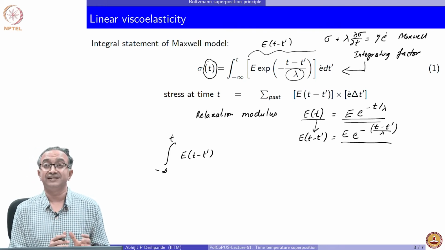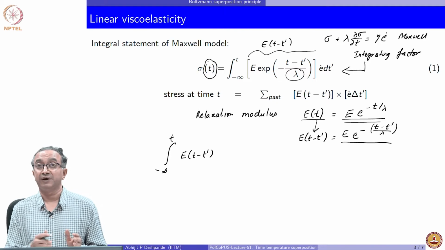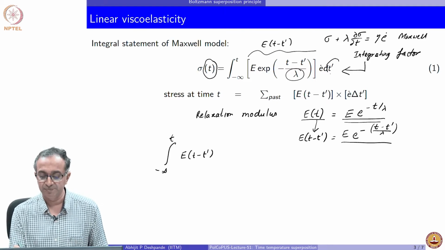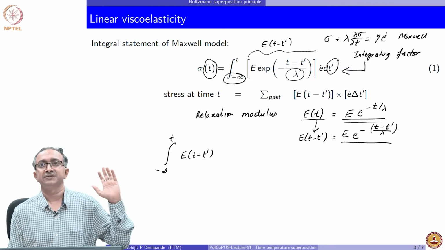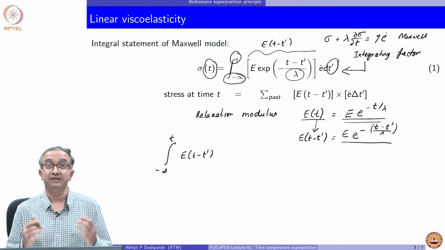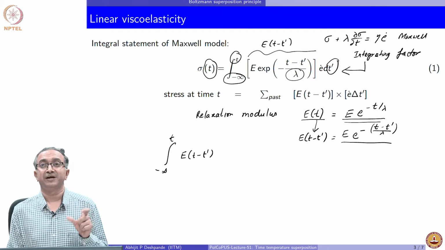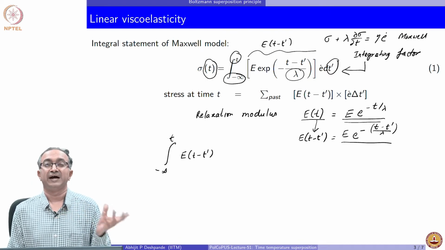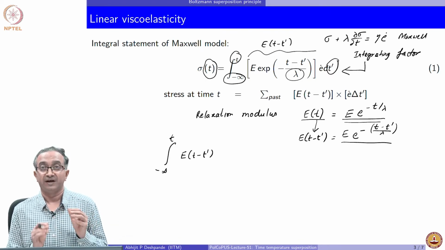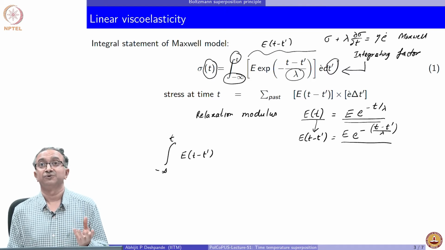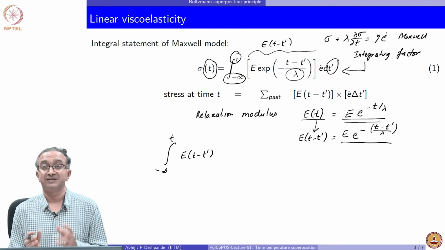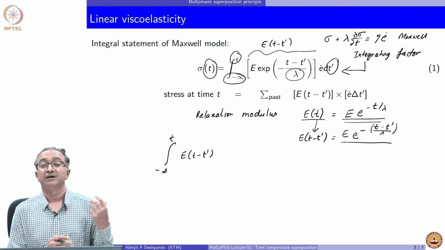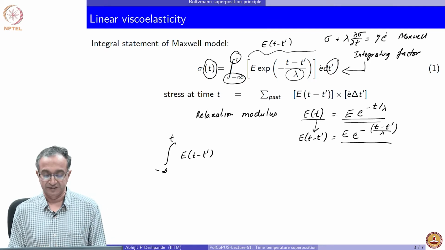But the present state of stress is determined based on all the past deformation, and therefore, this t prime, which is a dummy variable being used in the integral, goes from some time way back in the past, and it comes till the present time. So, therefore, t minus t prime tells us how far back in the past this was. At present time, t minus t prime will be 0, because t prime itself is t at present time. So, therefore, this t minus t prime tells us the distance from present in terms of time, how far away in time was the past deformation.